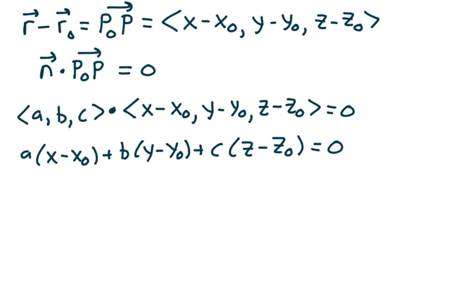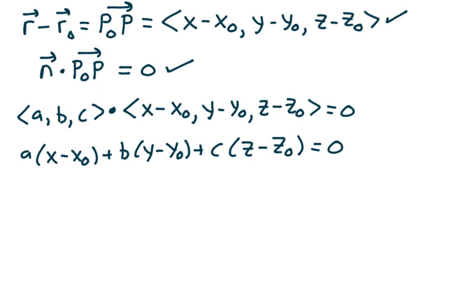Now, r minus r naught is equal to the vector p naught p, which is equal to x minus x naught, y minus y naught, z minus z naught. So it's equal to that vector. Think terminal minus initial. If I take n and dot it with p naught p, I get 0. But remember that n is the vector ABC.